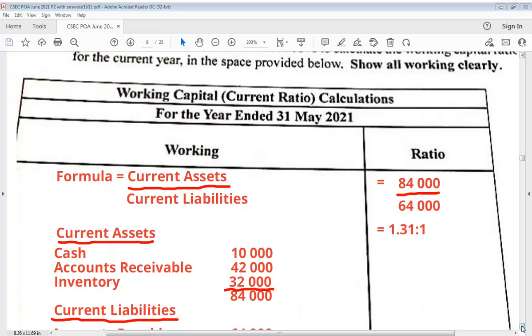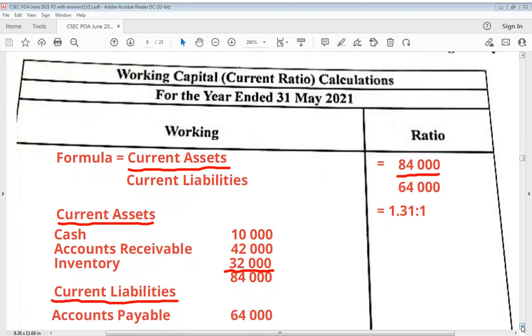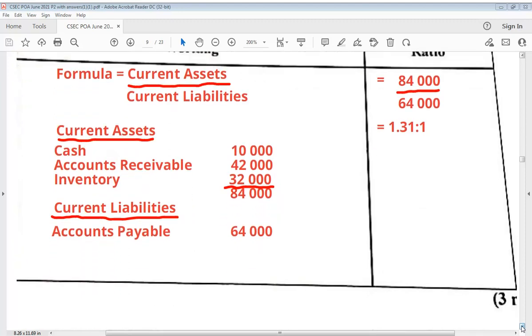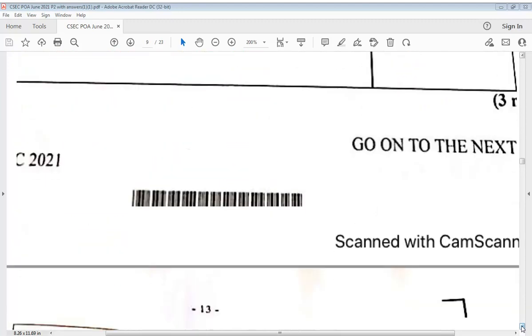So our total current assets is 84,000. And our current liabilities, there was just one, and that's accounts payable, and that was 64,000. So when we divide 84,000 by 64,000, our ratio is 1.31 to 1. So we show all the workings. And that would have been 3 marks for that question.